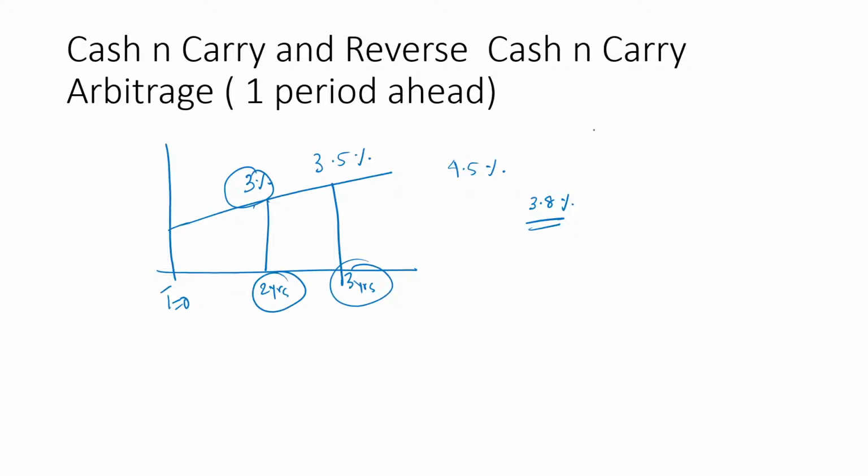Well, at the end of the 2 years, he will have to pay 1.03 for 2 years, and he still will be benefiting at 1.035, which is the yield at 3.5%, at the end of 2 years. Since the yield is more than the cost of funding that investment, the one who invests at the 3-year spot rate will be the winner.